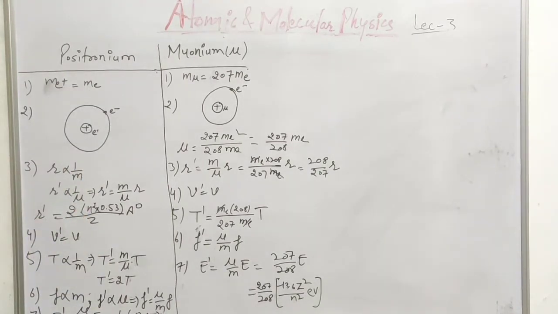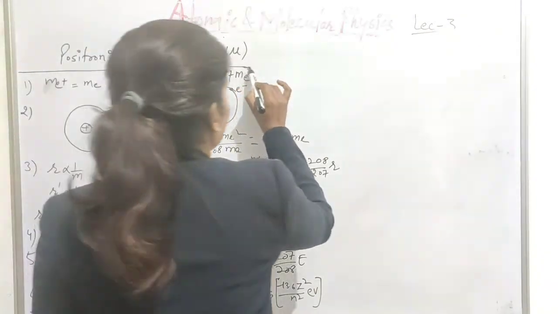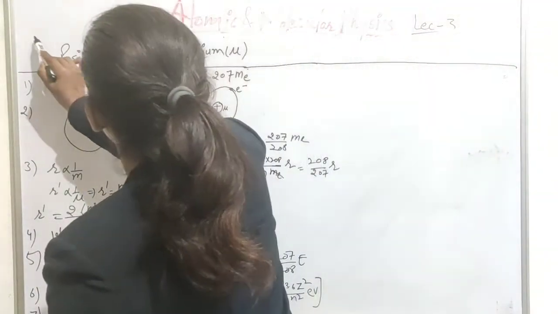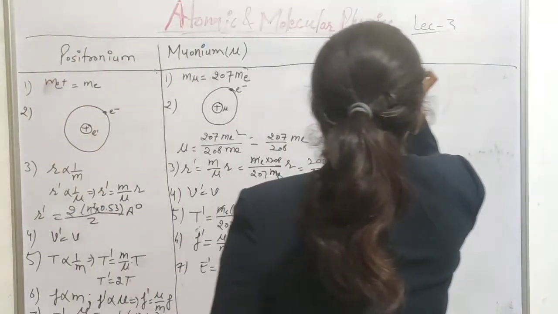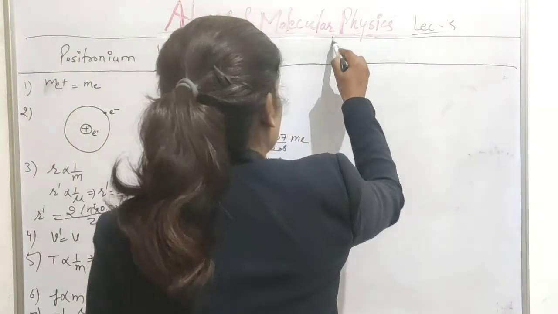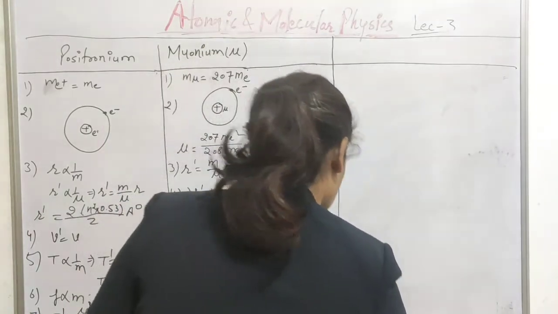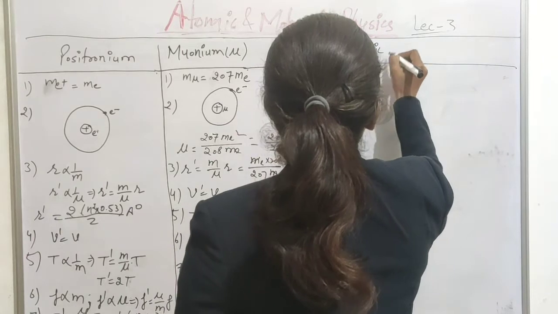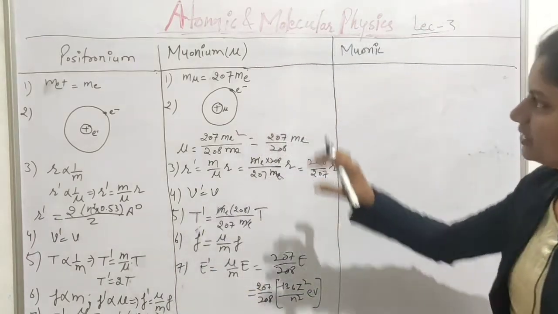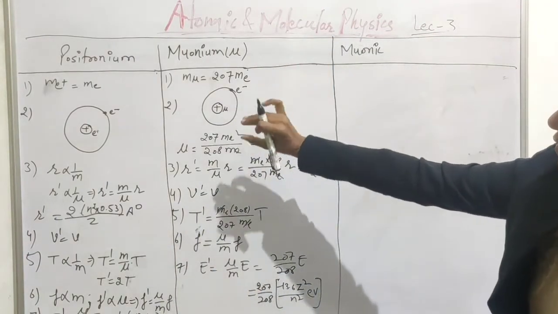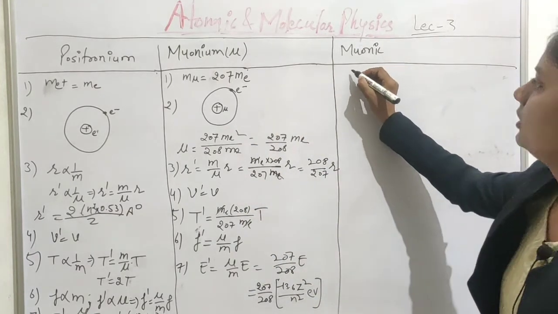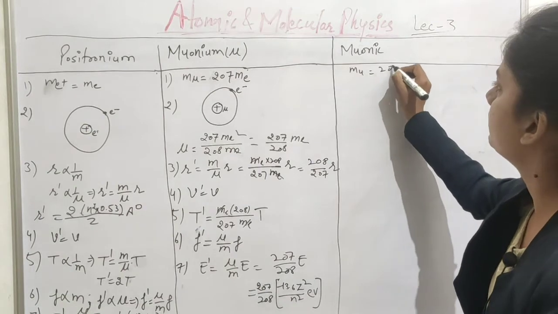Next we will see muonic atom and pionic atom. So next we will make here muonic. In case of muonium, muon took the seat of nucleus, but in case of muonic atom, this parameter is going to remain same.